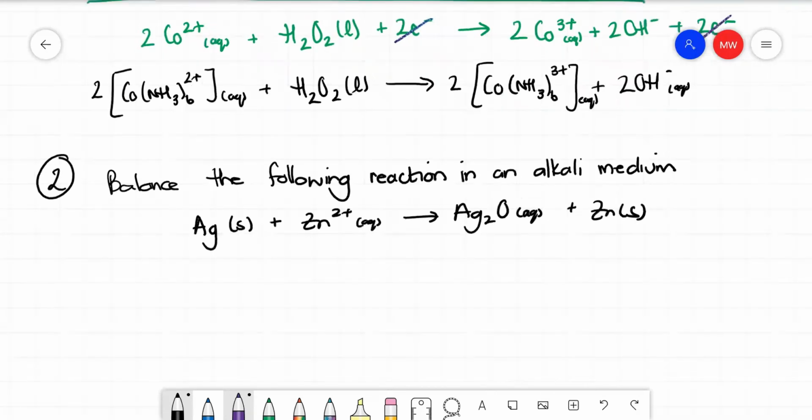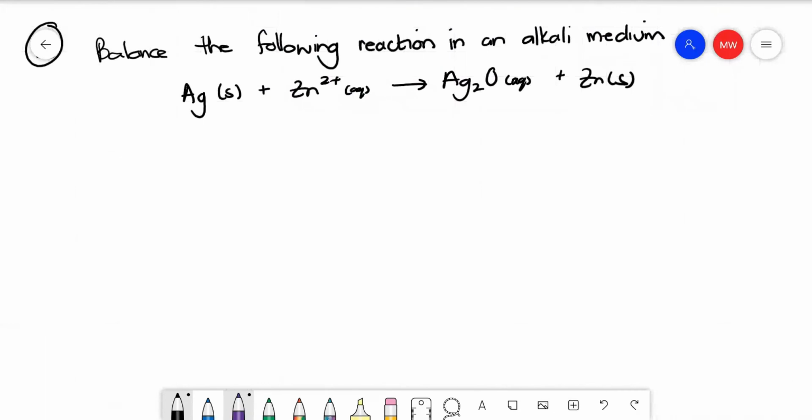So first identify your half reactions, and the first one is silver solid will become silver 1+ aqueous and plus 1 electron.